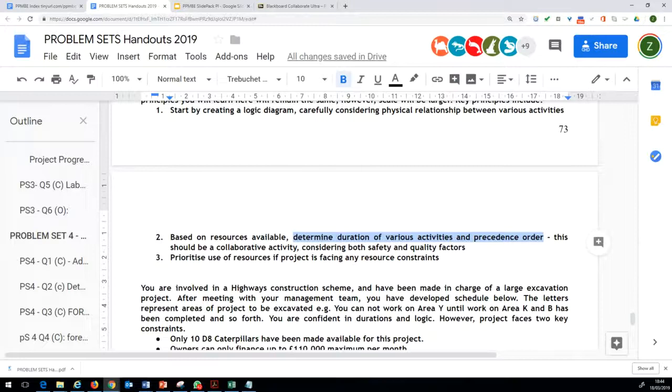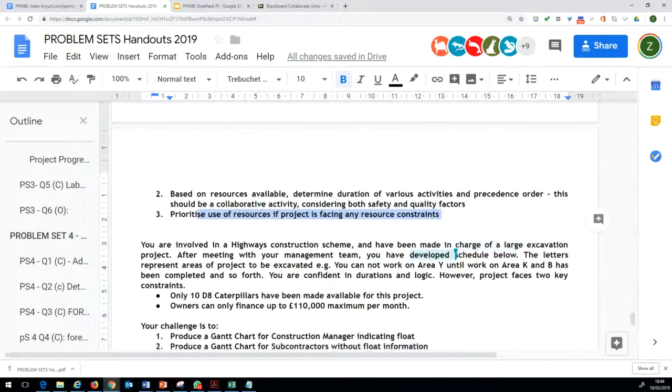And this should be a collaborative activity, and prioritize the use of resources if the project is facing any resource constraint. So in this problem set, we are going to go through a case study, and in the process we'll be learning about different concepts.